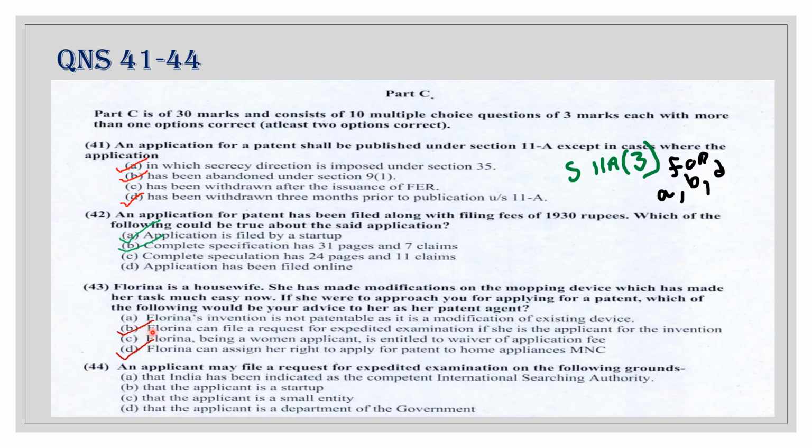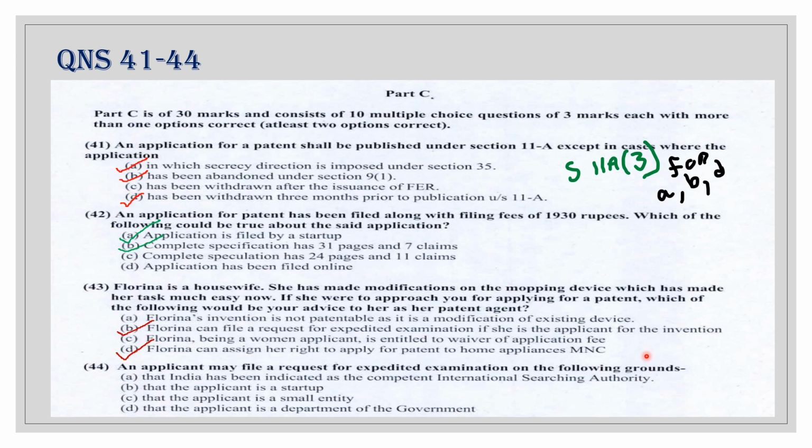Option A is Florina's invention is not patentable as it is a modification of existing device. Why not? Modification of existing devices can be patentable. So this statement is not correct, and we have to just find out the modification should be substantial. Next, option C is Florina being a woman applicant is entitled to waiver of application fee.